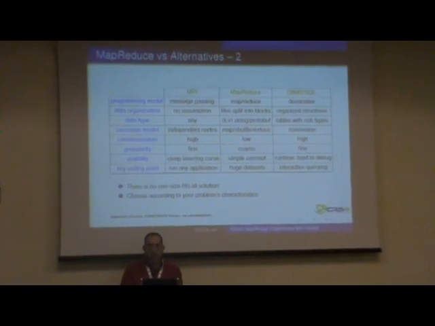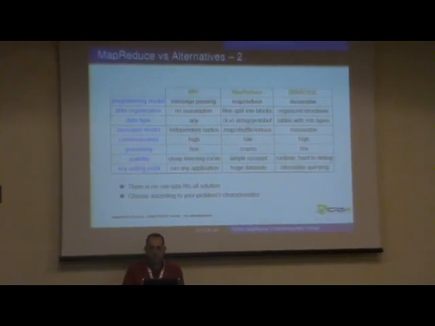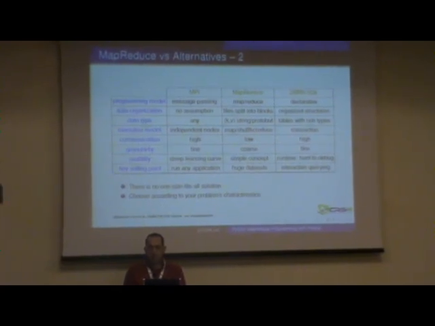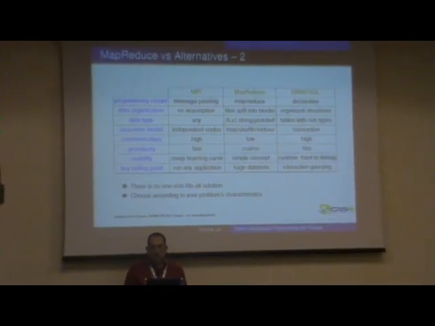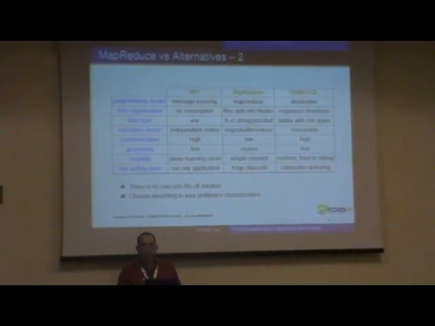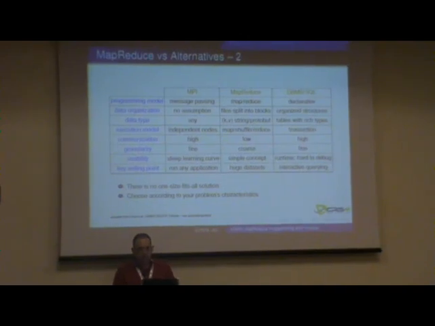It's good when you have low communication between tasks. Basically, MapReduce is called a shared nothing architecture. There is no shared memory, no shared anything. Every task is independent from the others, and this is one of the biggest differences with respect to DBMSs.